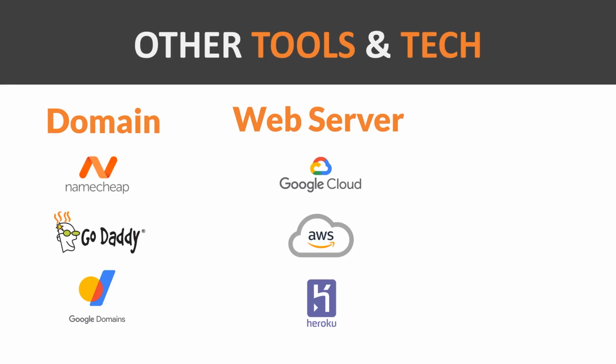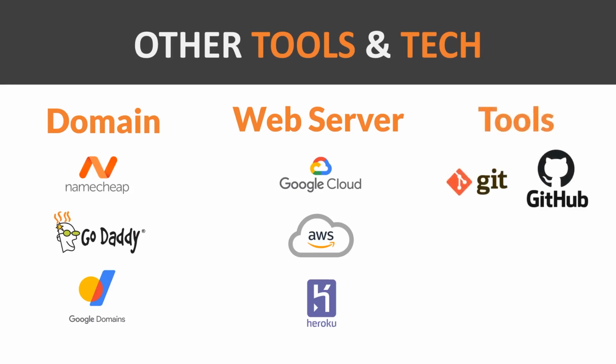Google Cloud is my first recommendation, and Google Domains and Namecheap are also my first recommendations. You can check out these websites to make your services long-lasting and good for SEO analytics.